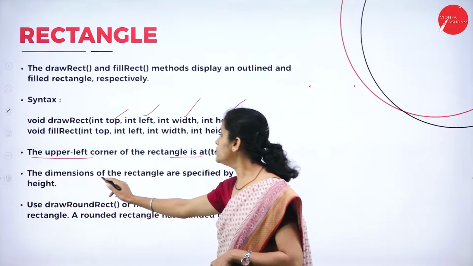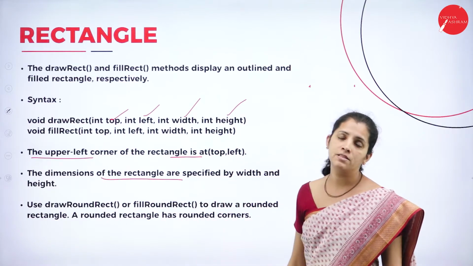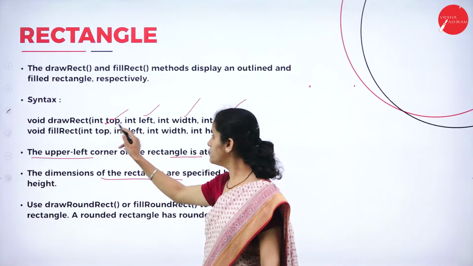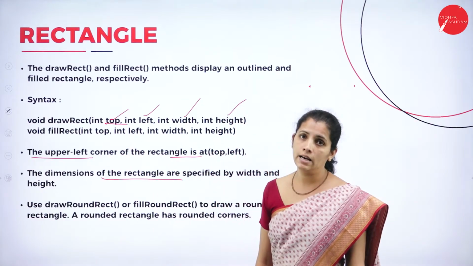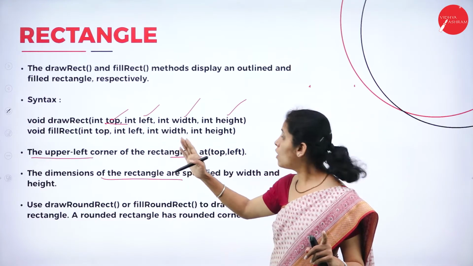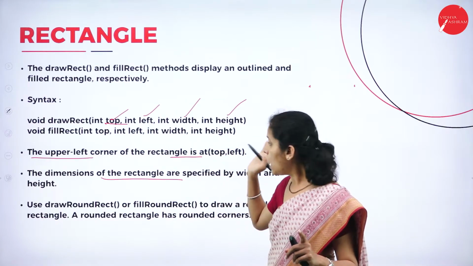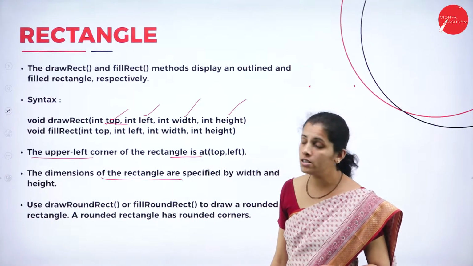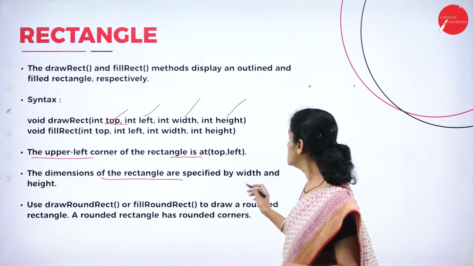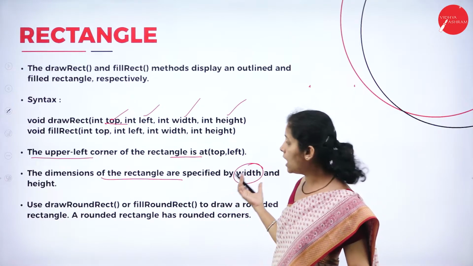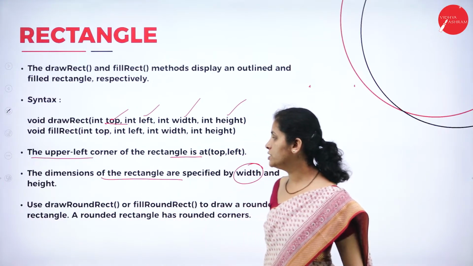And the dimensions of the rectangle are specified by the width and height. So while specifying the top and left, I consider the upper left corner of the rectangle. And if I want to specify the dimension, then I'm going to consider width and height. So here width and height are nothing but the dimension.